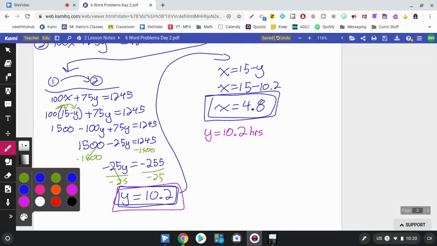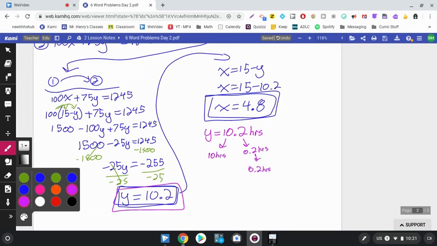So I probably would convert this to hours and minutes. Okay. So I have 10 hours and then I have 0.2 hours. And what I need to do is convert that 0.2 hours into minutes. So I would have to clean this up and make it look a little nicer.